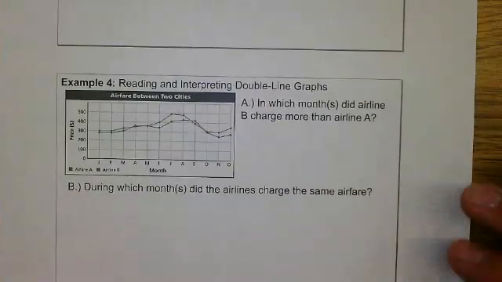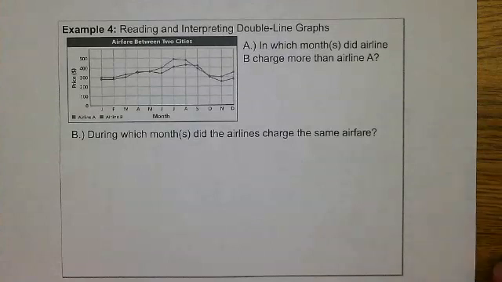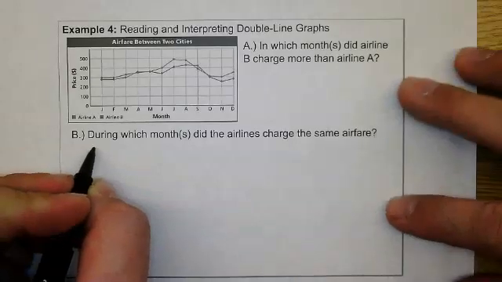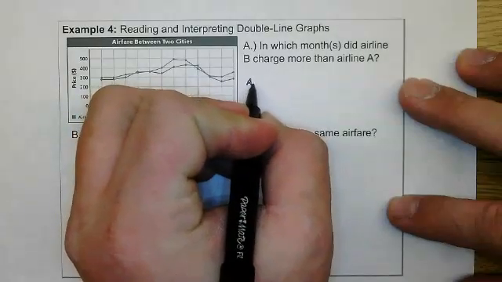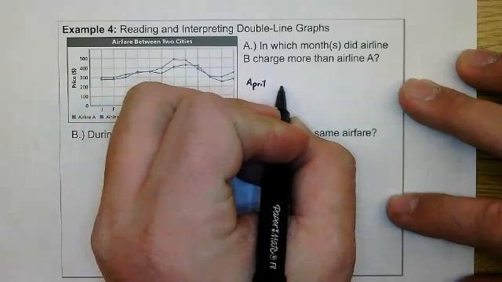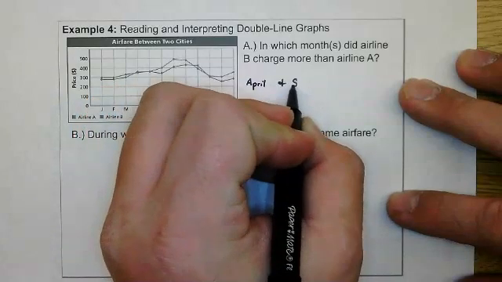When we talk about a double line graph, in which months did airline B charge more than airline A? So we're looking at April, and September.